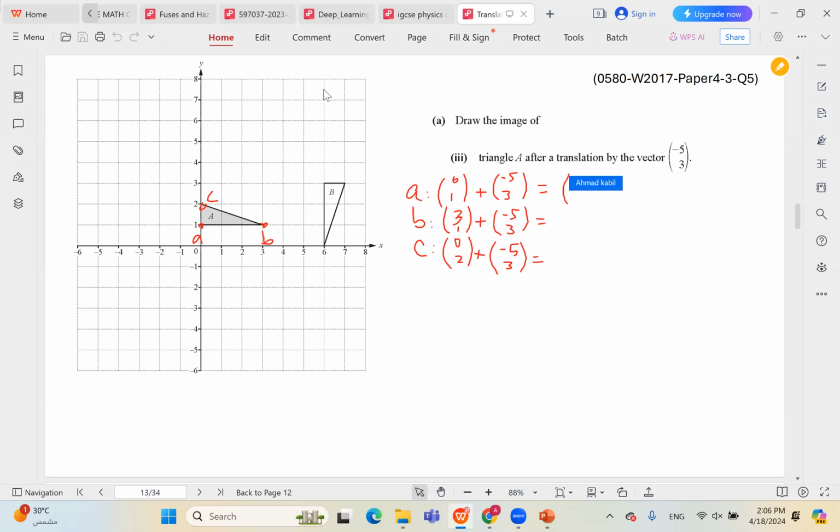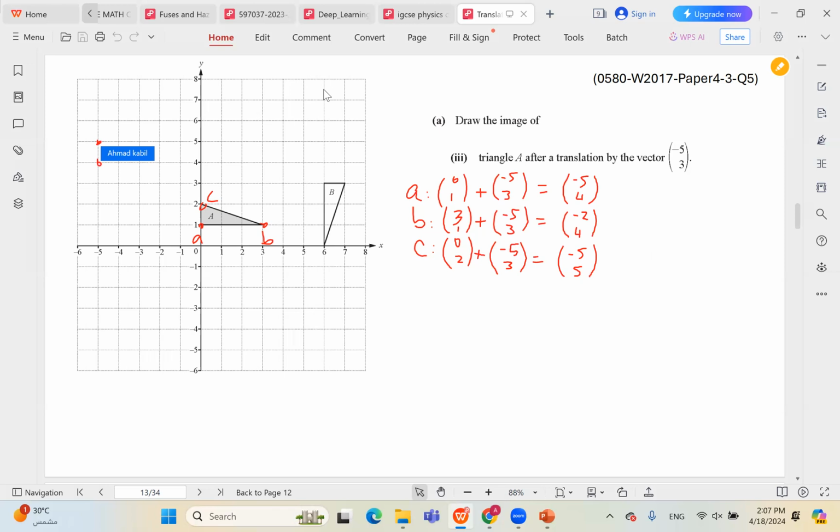So you get here -5 and 4. You get -2 and 4. And you get -5 and 5. Finally, you plot these onto the graph. So you have -5 and 4, -5 and 5.